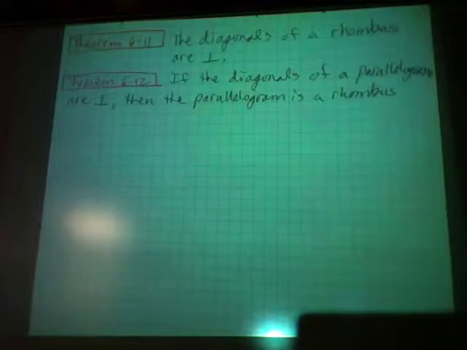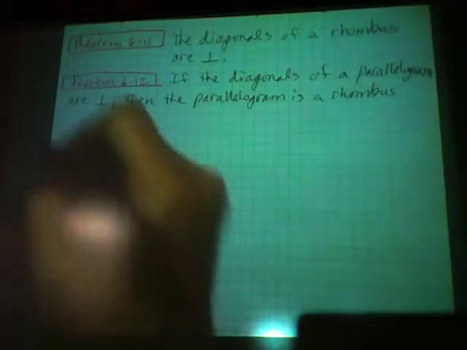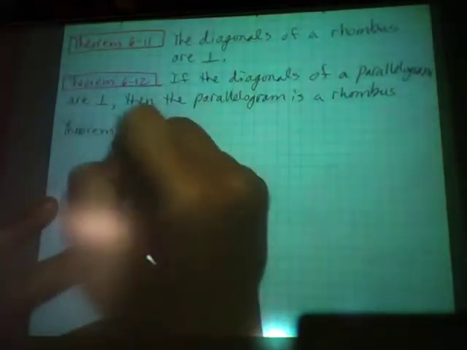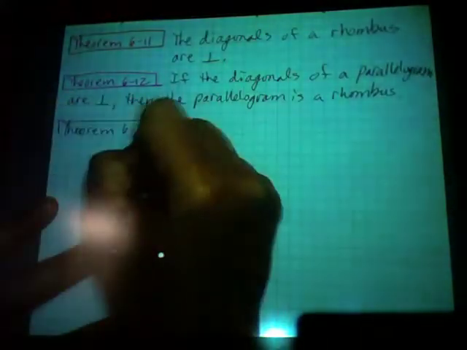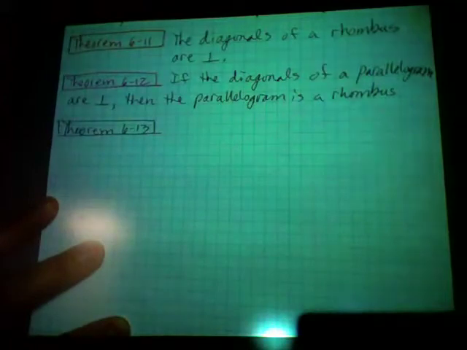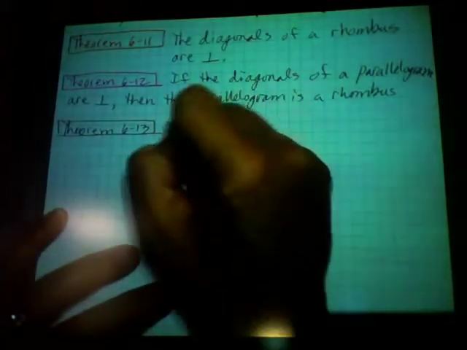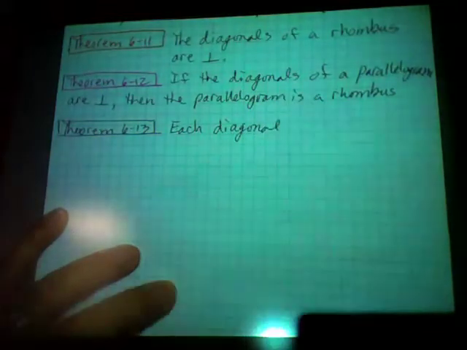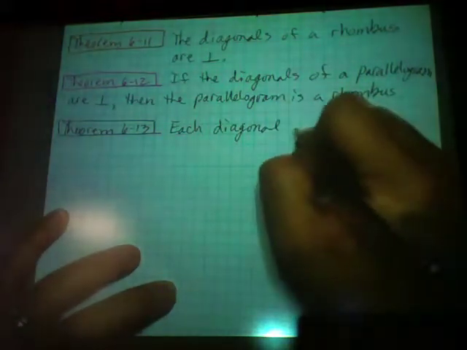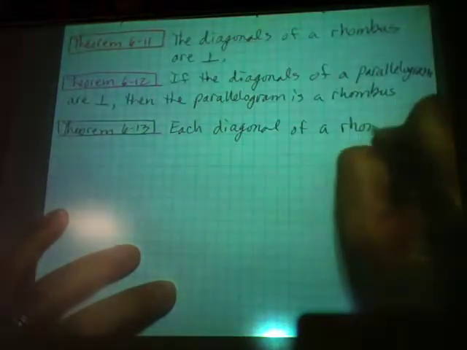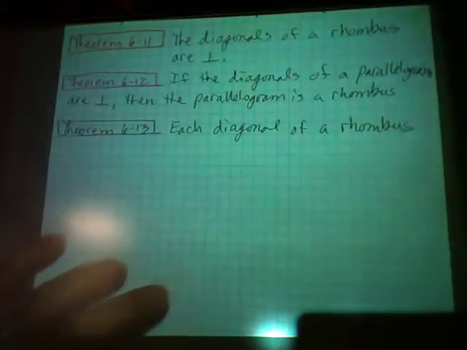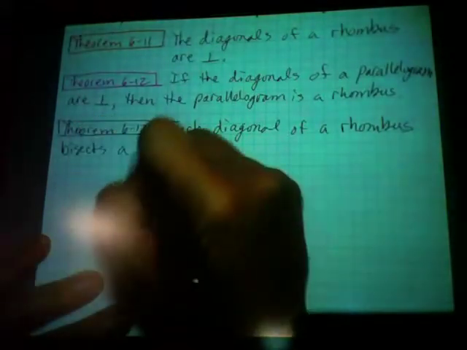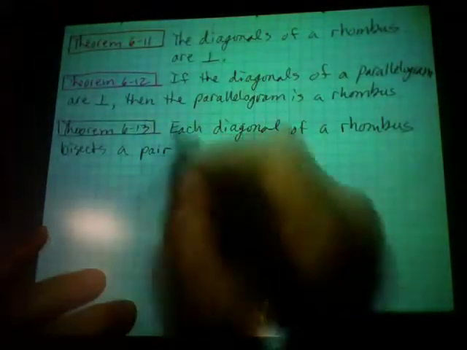And then 6-13. Each diagonal of a rhombus bisects a pair of opposite angles.